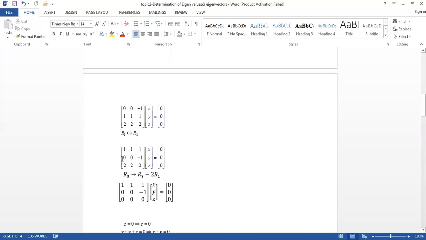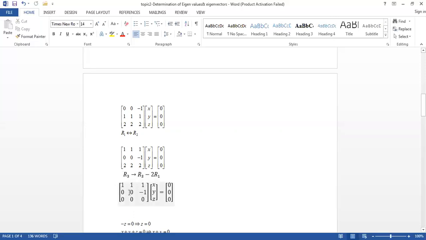To convert to echelon form, the third row needs a minimum of 3 zeros. So first make this element 2 as 0: R3 becomes R3 minus 2 R1. The first row is not changed, 1, 1, 1. The second row is also 0, 0, -1. The third row is R3 minus 2 R1, so 2 minus 2, 0, 2 minus 2, 0, 2 minus 2, 0.